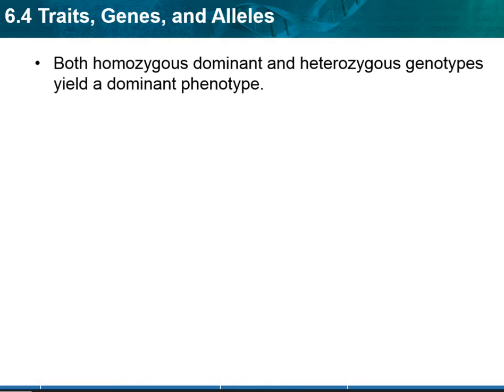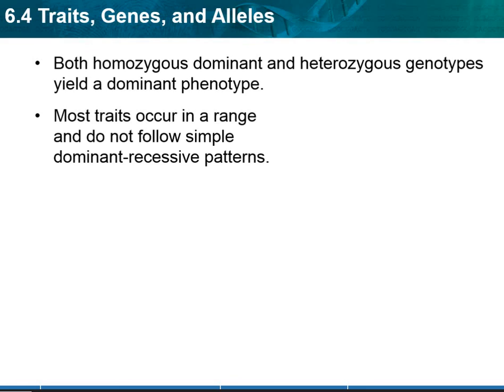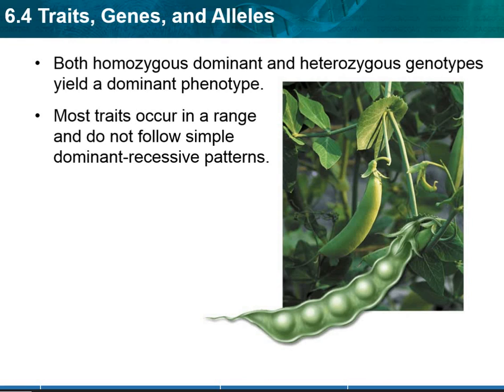So if you look at an organism, there's no way to really tell for sure, if they're showing the dominant trait, whether they are homozygous or heterozygous. Most traits occur in a range and do not follow the simple dominant to recessive patterns. And we'll talk about those in a future section on the exceptions to the rules. So that is the end of the notes for section 4.